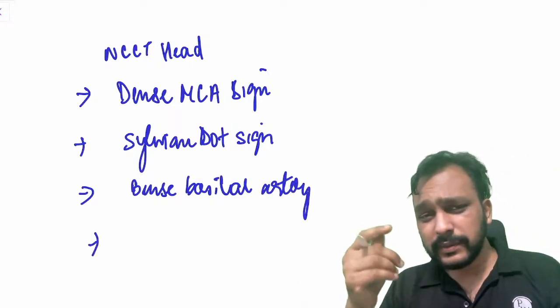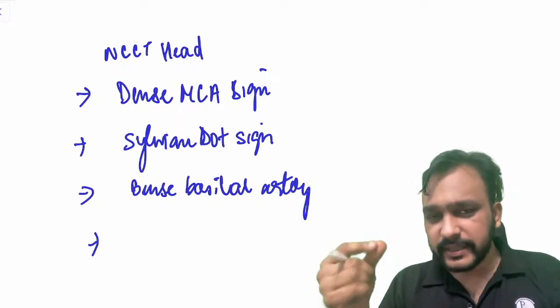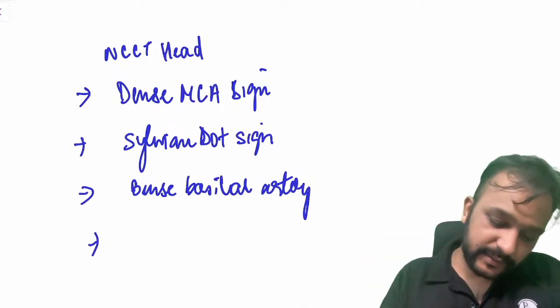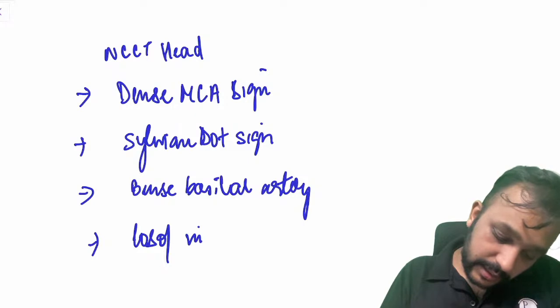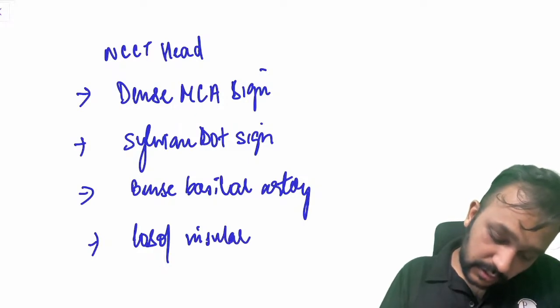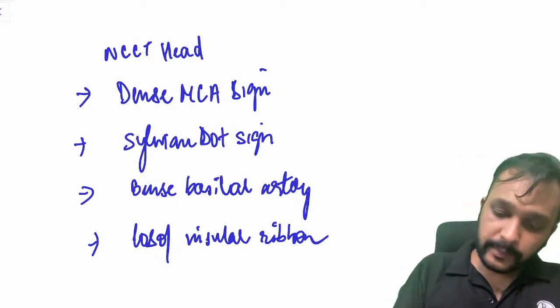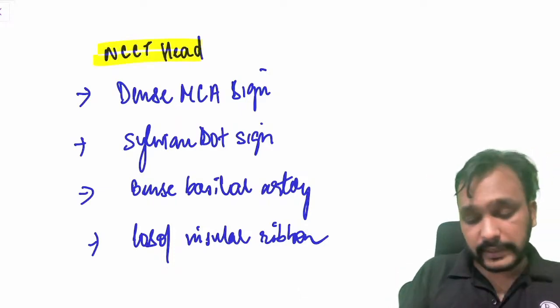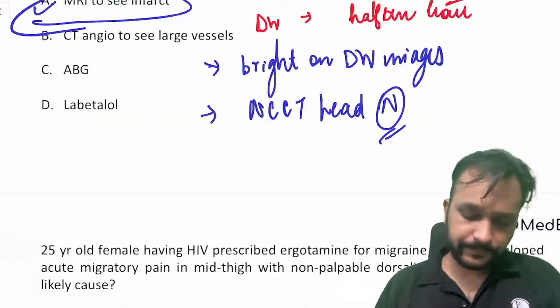And sometimes you will see that there will be loss of gray-white matter differentiation at the insular cortex, and that is known as loss of insular ribbon cortex. So these are important signs of acute infarct on NCCT head.